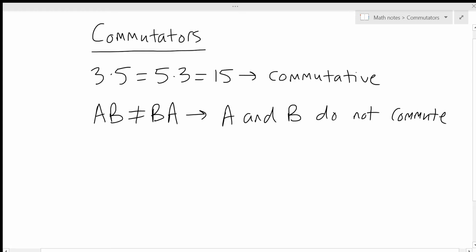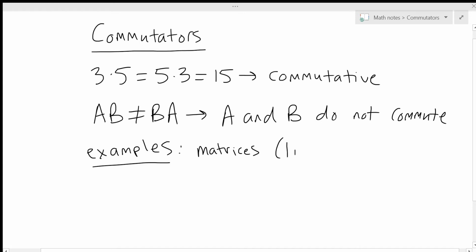So where in math does this happen? Well, there's actually a lot of examples. So the simplest example is where A and B are just matrices. And this happens in linear algebra.